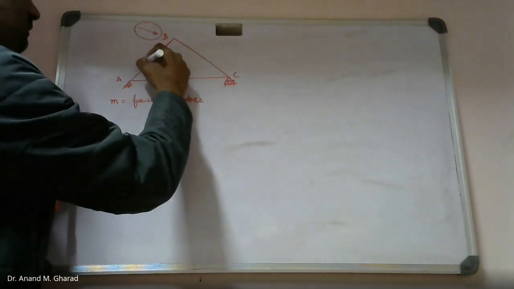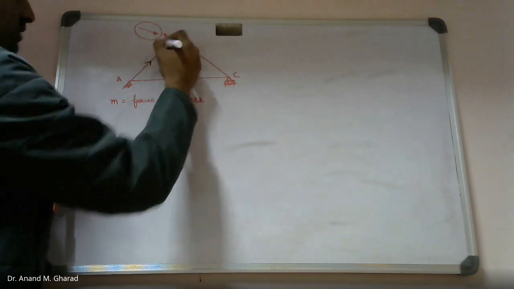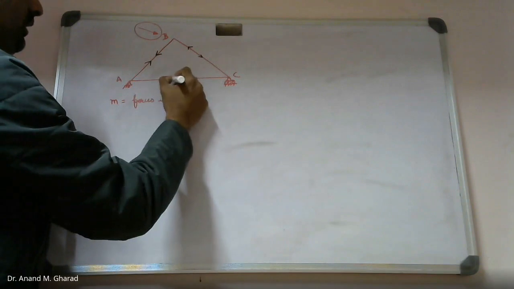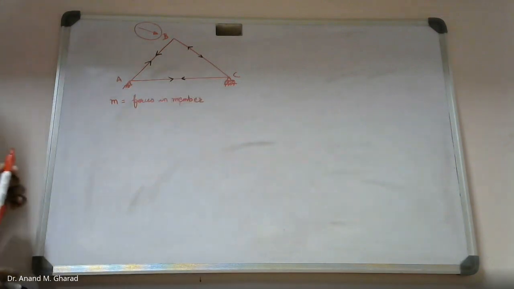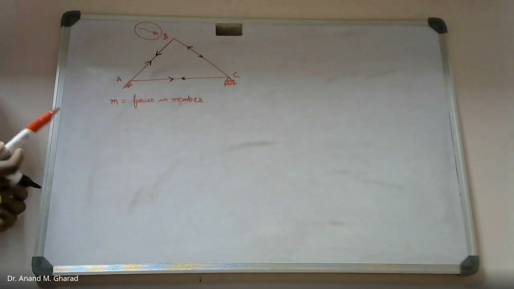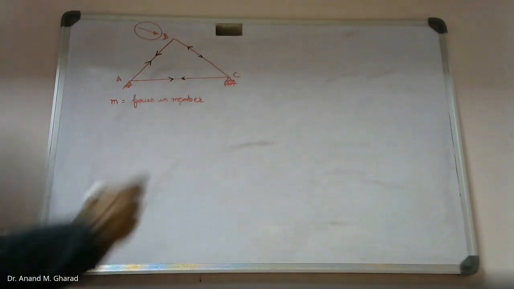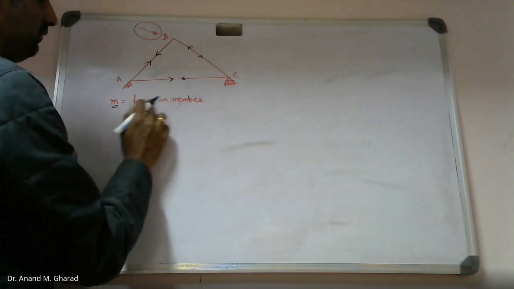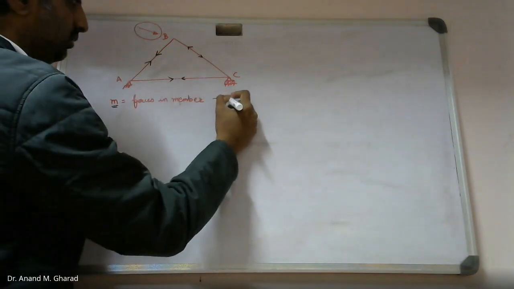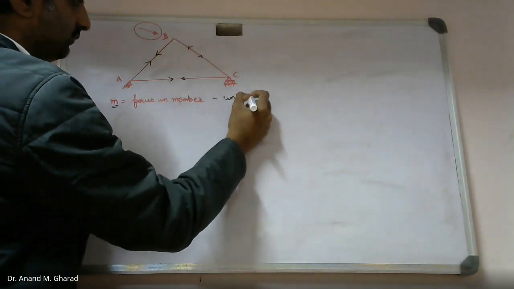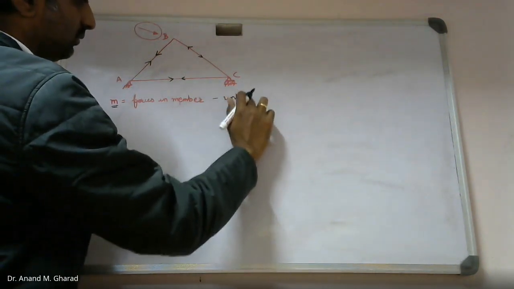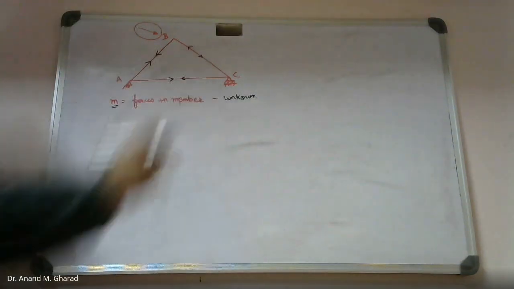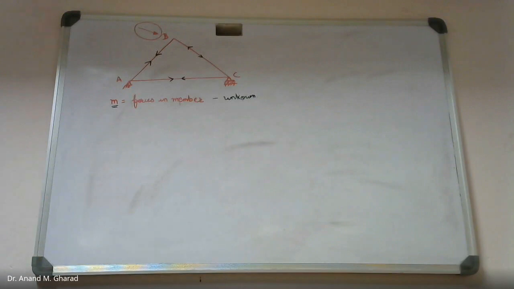These forces are in the form of axial forces. They may be compressive in nature, or they may carry tension. Since I say either or, these are unknown forces. So let me consider M to be the unknown forces in the members.